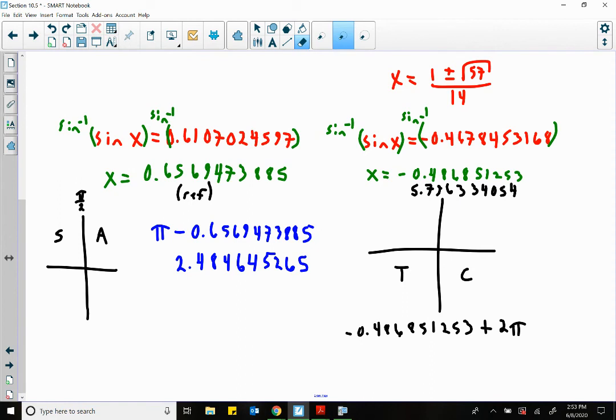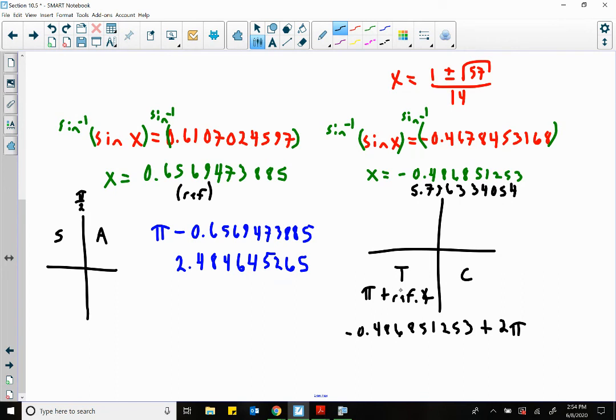Now we need to find quadrant 3's answer. In order to do that, remember we're going to take pi plus the reference angle. Here's a cool fact. This guy right here is the reference angle, because this is moving negative degrees this way. Just knock off the negative.